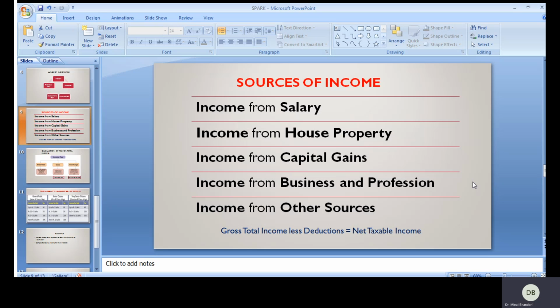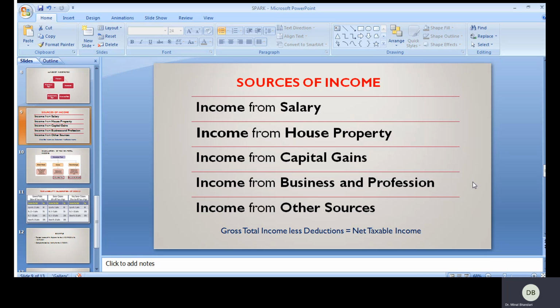So under the Income Tax Act, these are the different sources through which income can be earned by the person and by the assessee. In the total financial year of 12 months, whatever income is generated through different sources is added.